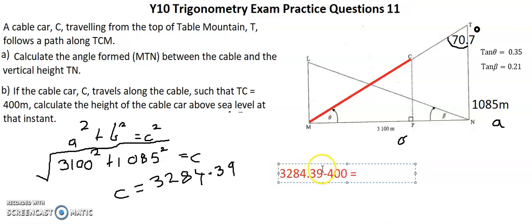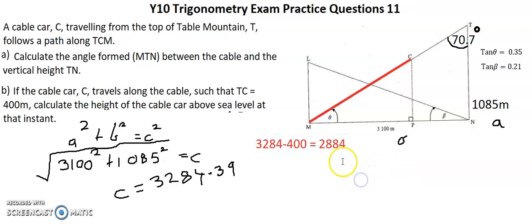And if I do that, that should give me 2,884. I could put 0.39, but I'll just round it and just leave it as 2,884.